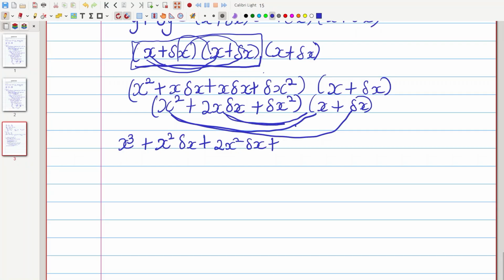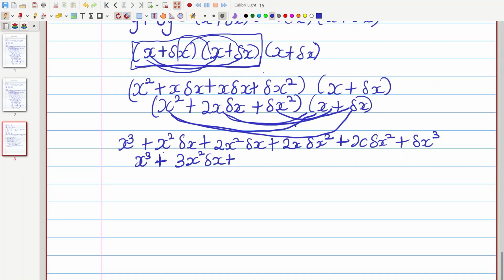Plus this times this give us 2x delta x squared plus this times this will give us x delta x squared plus delta x cube. This has the same factor, so it will be 3x squared delta x plus this is also the same, 3x delta x squared plus delta x cube.